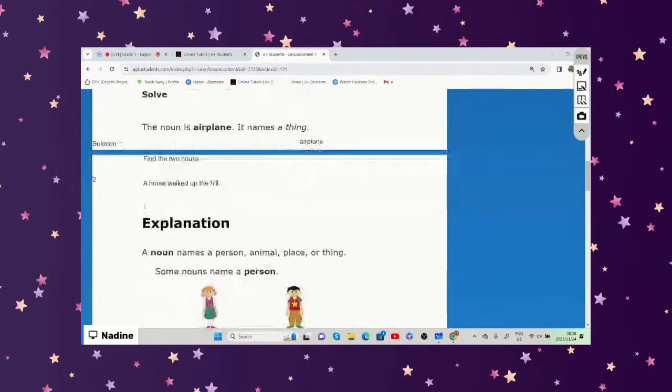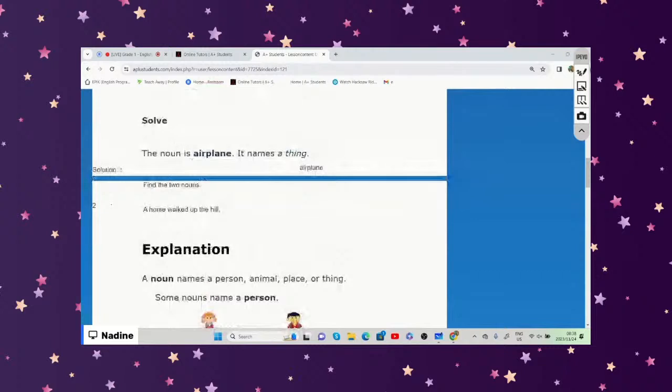So the first one being the horse, and maybe we can say hill. Because I said the horse walked up the hill.